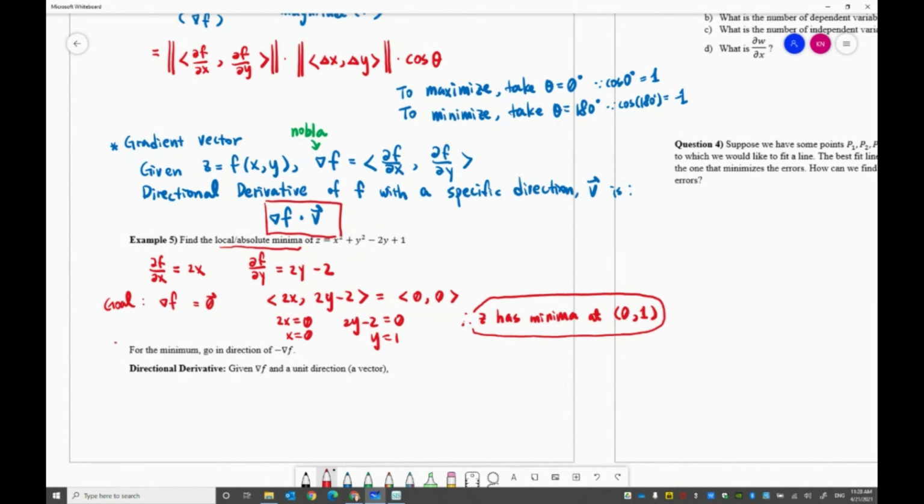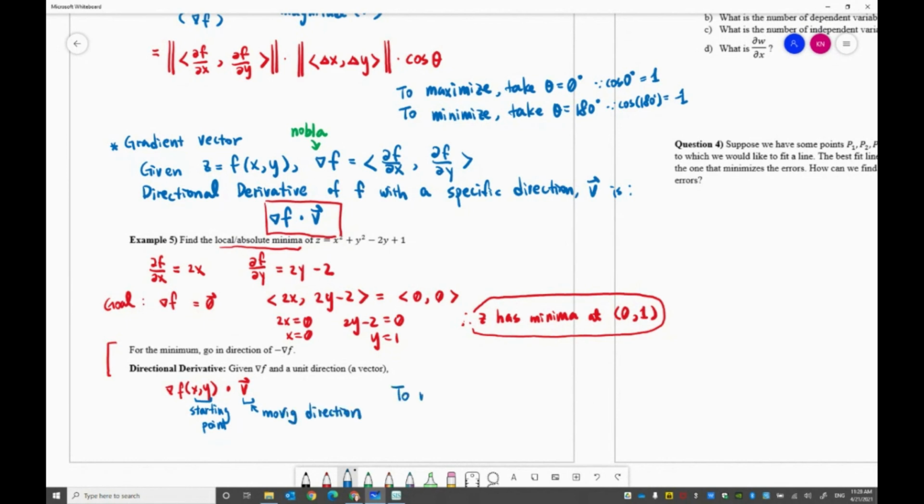So the bottom one talks about the directional derivative: nabla f, the function with x and y, dot product directional vector v. What we can say is x and y will be our starting position, then vector v is our moving direction.